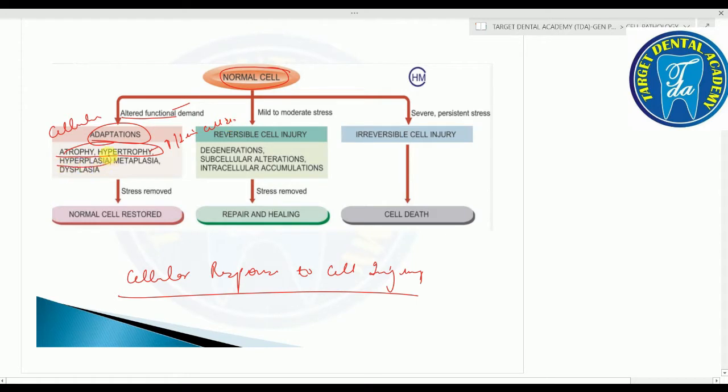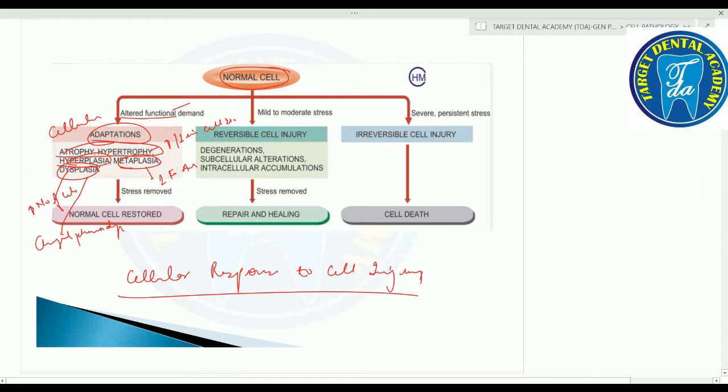The hyperplasia means increased number of cells. The metaplasia means change of the cell from one type to another type. And dysplasia means changed phenotypic differentiation.